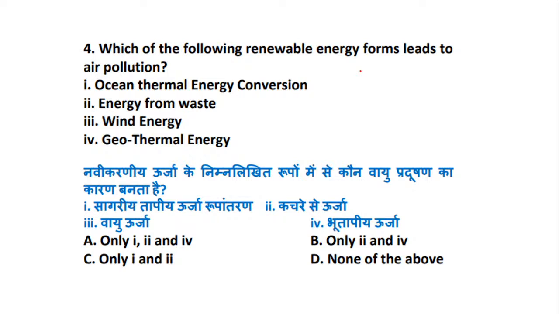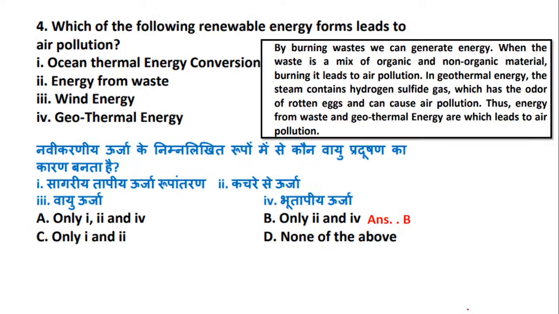Okay, yes, now let me correct you all. It is actually option B. Let's understand. That is option number 2, energy from waste, and option number 4, geothermal energy. Now let me explain. The question was which renewable energy form leads to air pollution. When we talk about energy from waste, by burning waste we can generate energy.